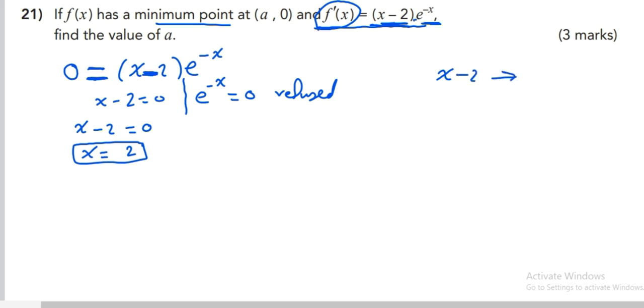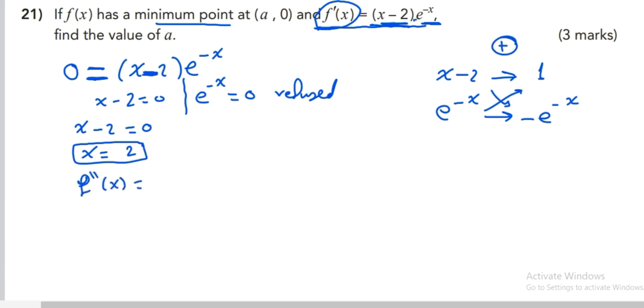First part, second part: differentiate the first, it's 1, differentiate the second, it's negative e to the power negative x. Cross multiply, and between them plus, so f double dash of x equals e to the power negative x minus e to the power negative x multiply x minus 2.